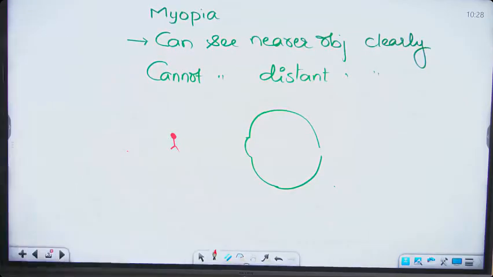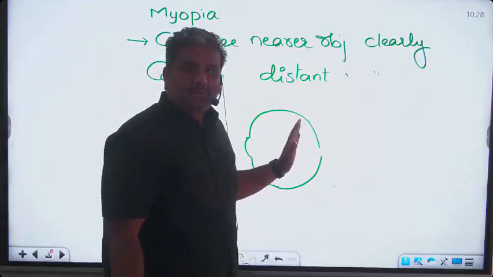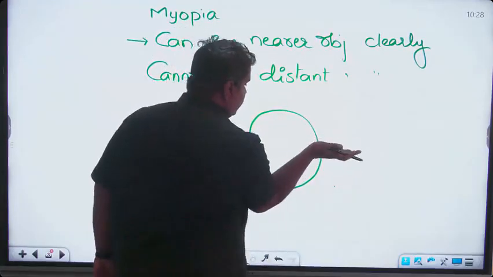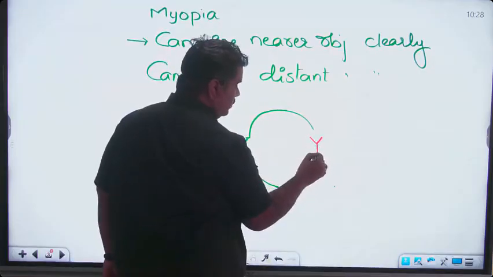Where is the image formed? The image is formed on the retina. And how is the image, inverted or real? The image formed on the retina is always inverted, like this.